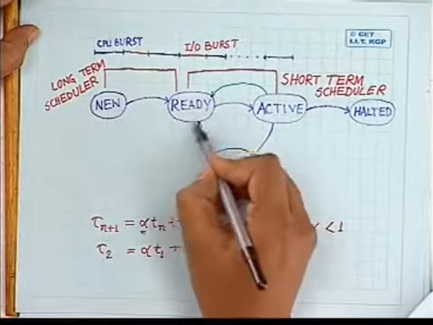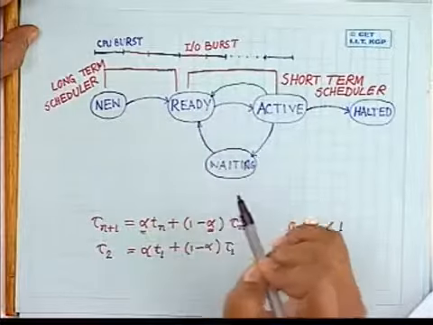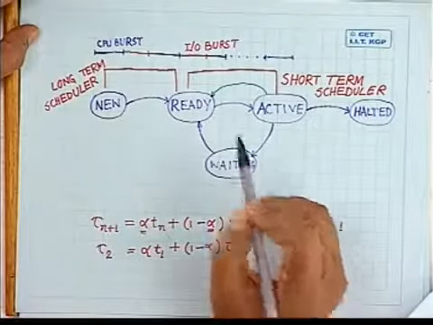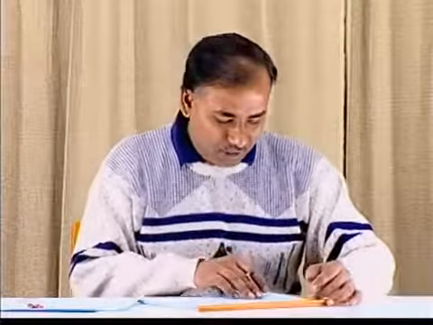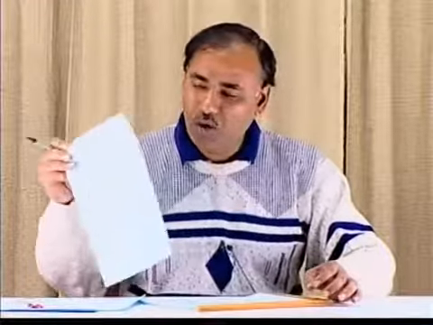So a job may come to ready state from any of these different states. Depending upon the relative order in which they come, the relative order in the ready queue will be different. However, for round robin scheduling, we'll always take up a job for execution from the head of the ready queue.